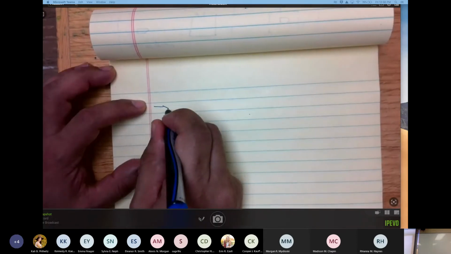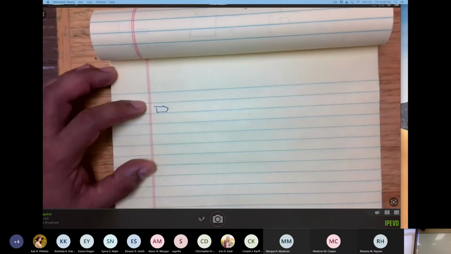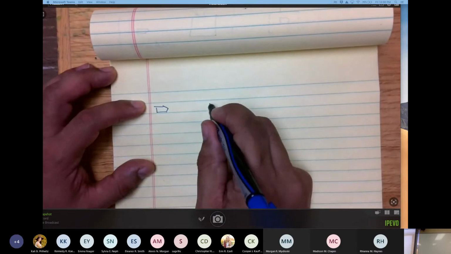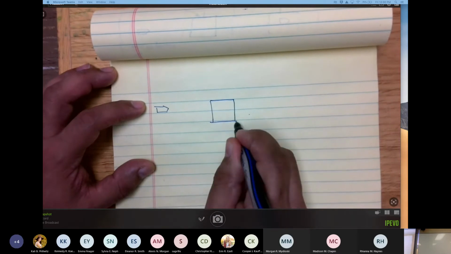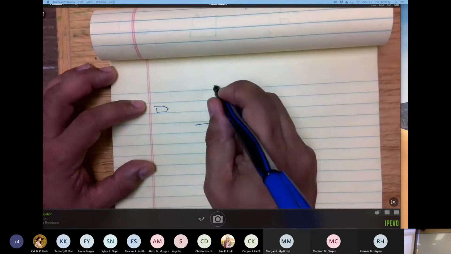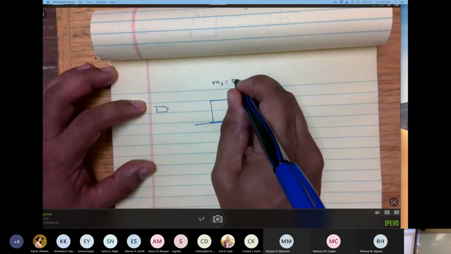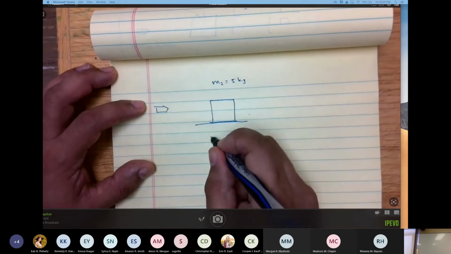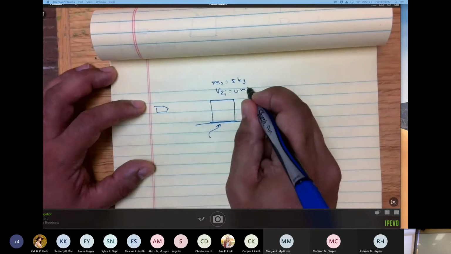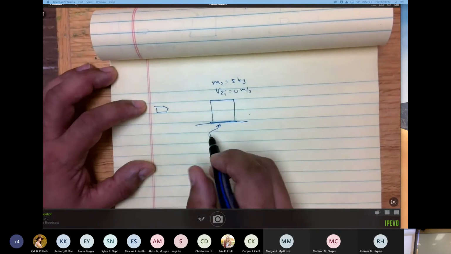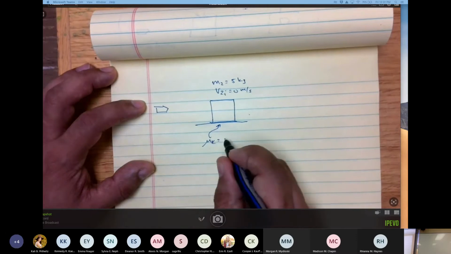Same idea. You have a bullet. You have a block. The mass of the block is going to be 5 kilograms. It's at rest. The kinetic friction coefficient is going to be 0.2.